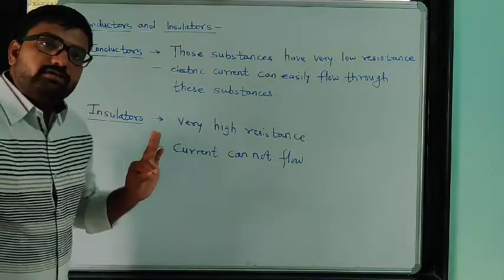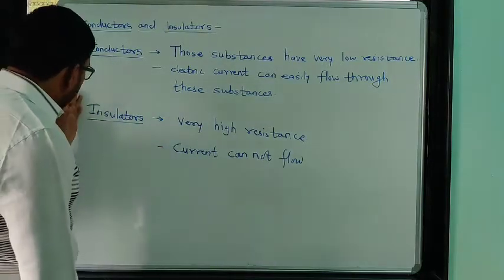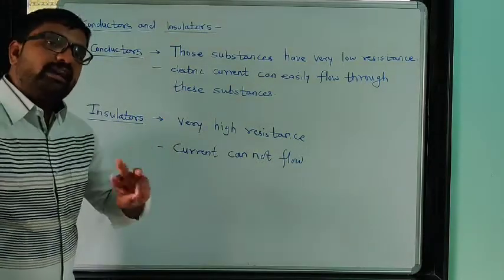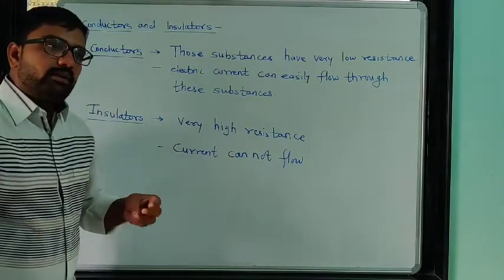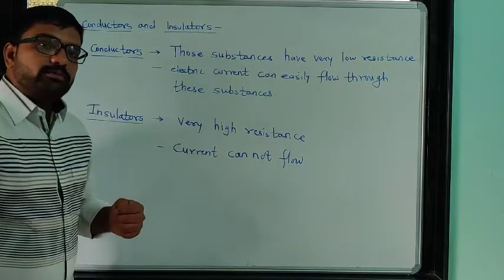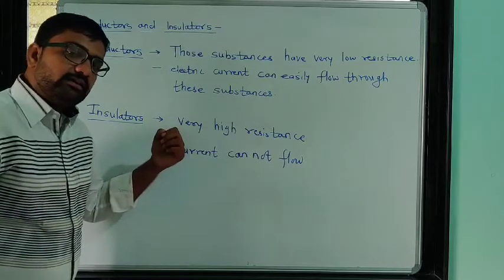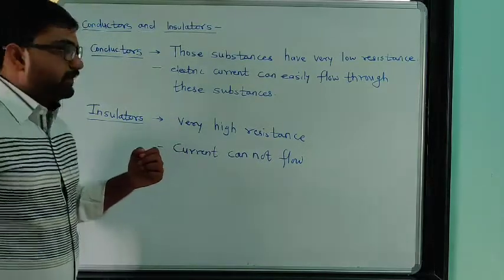Actually there are three categories, but in our book two types of categorization are given. First is conductors and second is insulators.